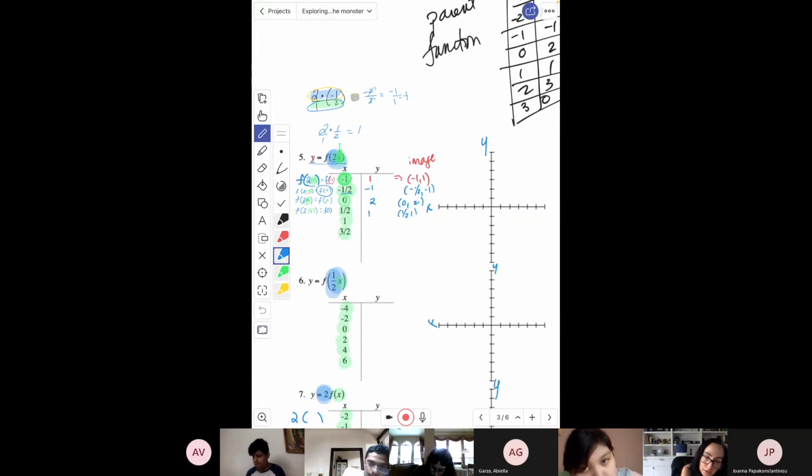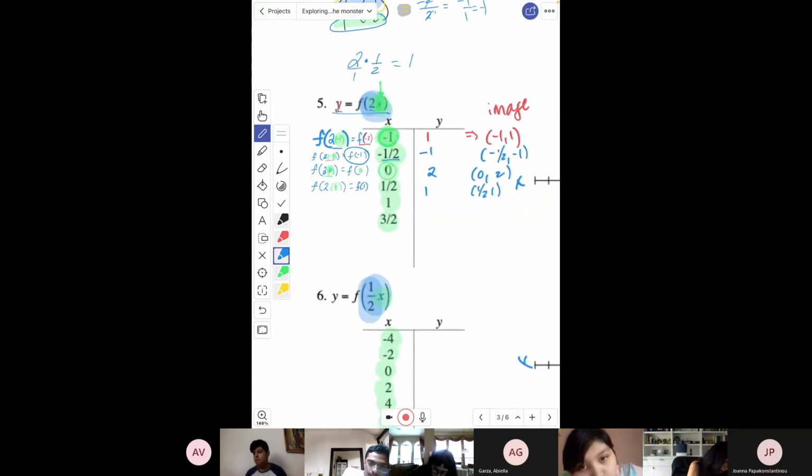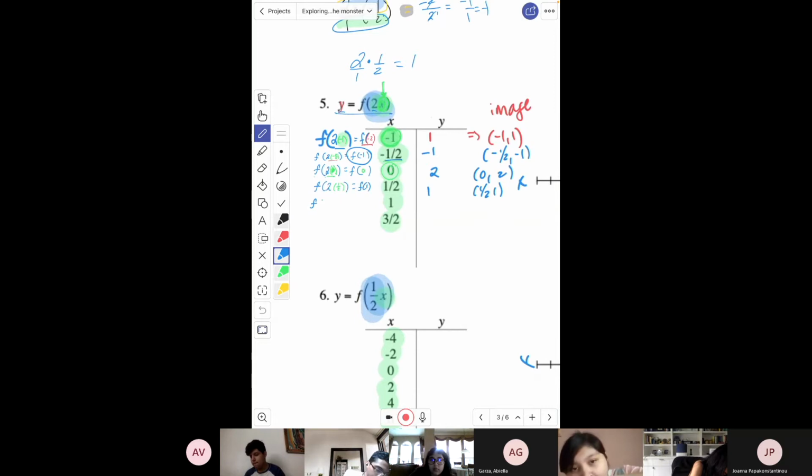Let's keep going. Okay. So now I'm looking at the function at 2 times this x value. So I'm really looking at the function evaluated at what input?